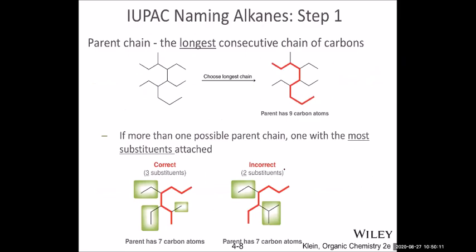Naming those alkanes, the first step is to find the longest carbon chain. This takes some practice. When you count the number of carbons, whichever way you count gives you the most carbons will be the parent.